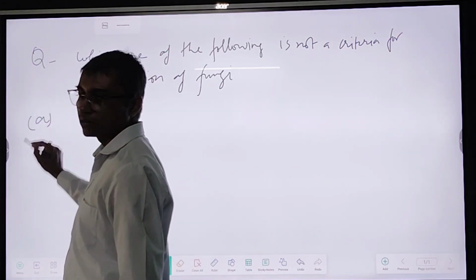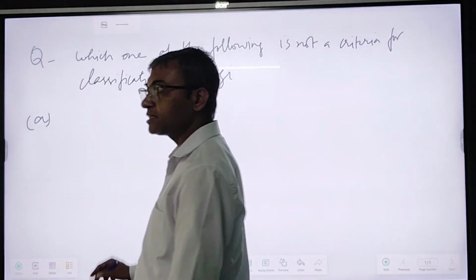So let us see the options. Option A, morphology of mycelium.